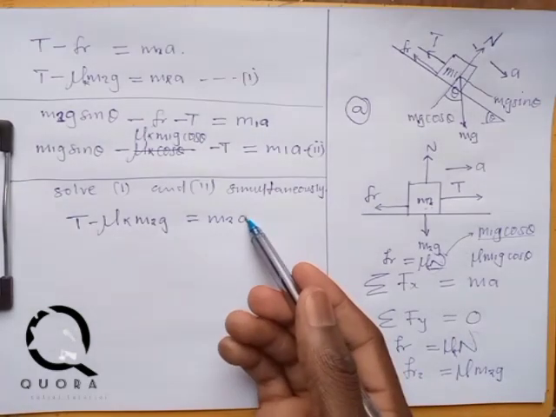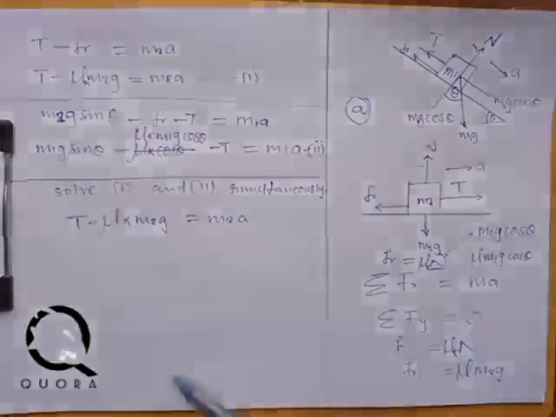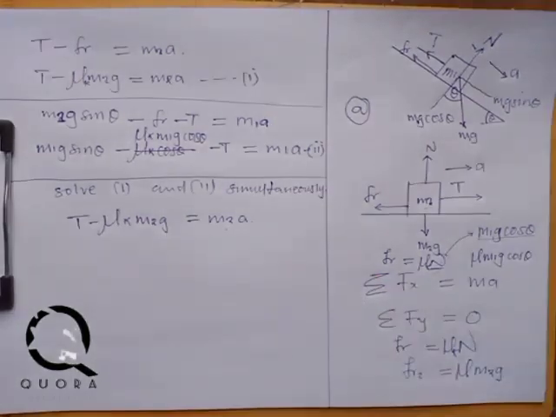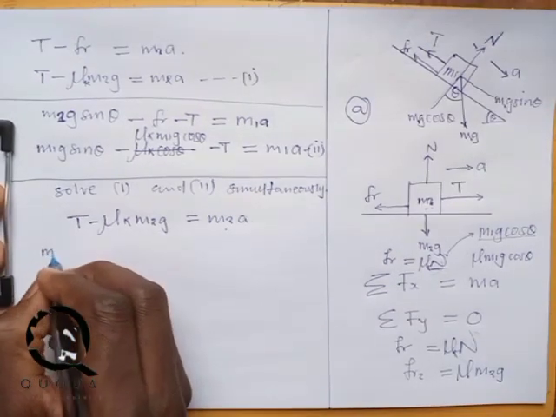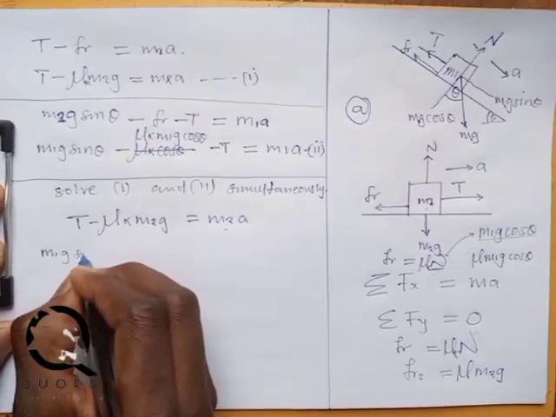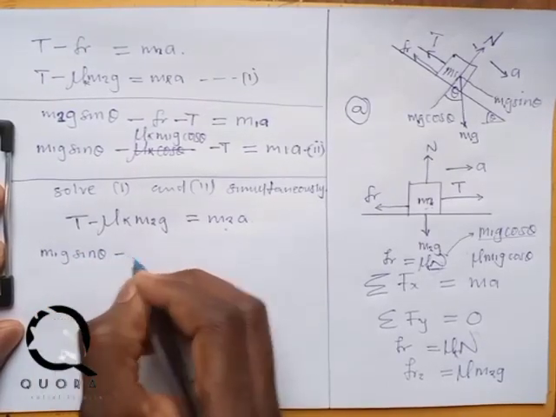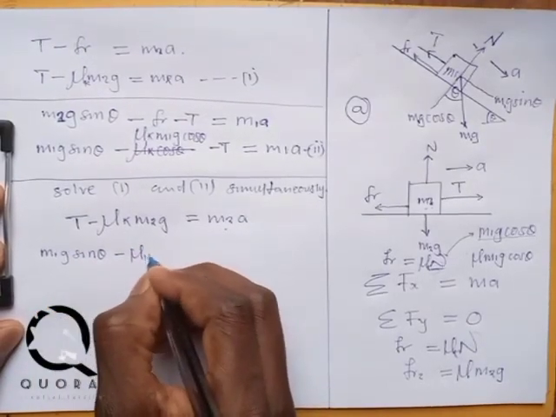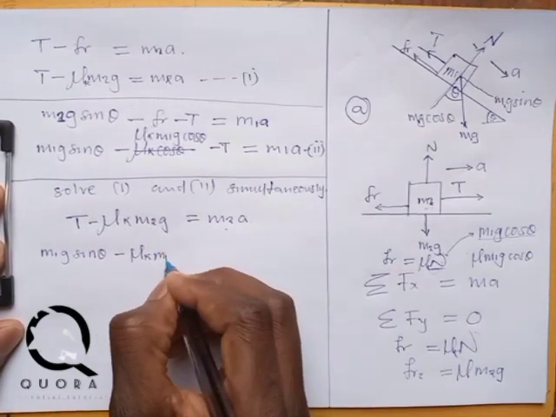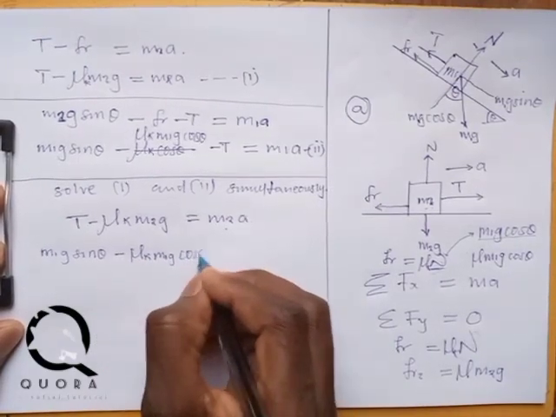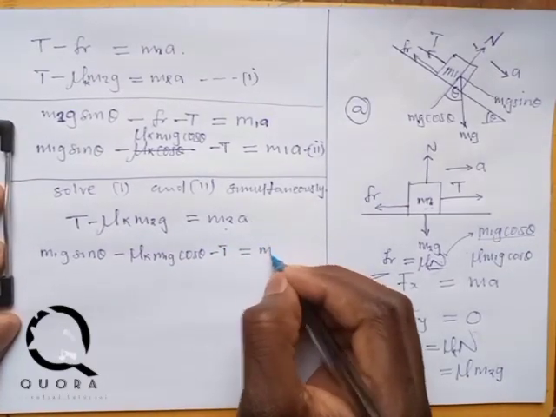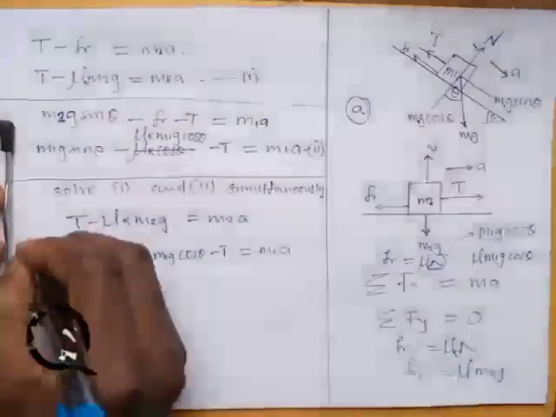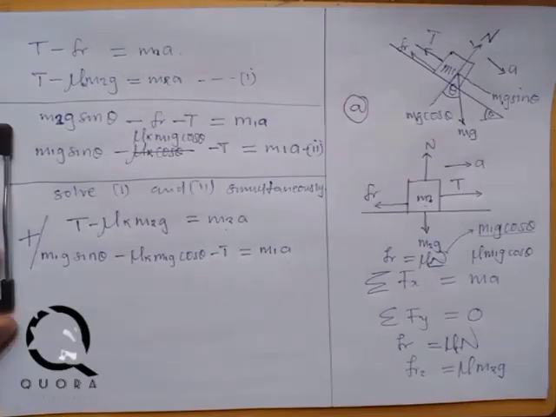That's why we don't have A2 here. They're connected with the same string, so they also have the same acceleration. So this one is going to be M1 G sine theta minus mu K M1 G cos theta minus tension. This has to be equal to M1A. Then I'll add.